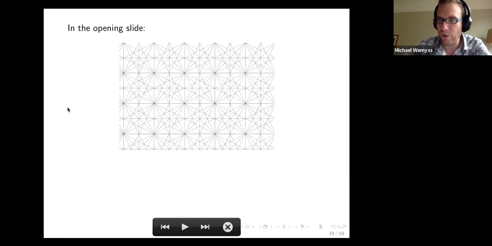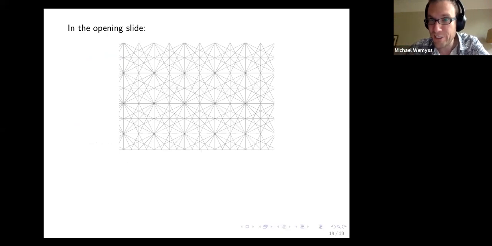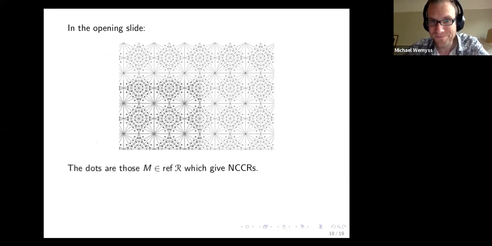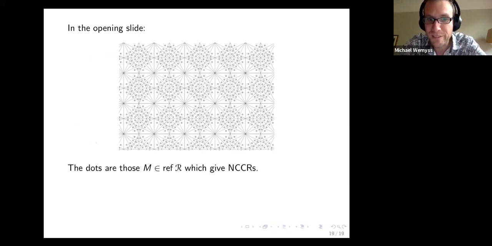Let me put a dot in each chamber. The dots are precisely those maximal modifying modules of the last theorem, so there's a bijection between chambers and these objects.